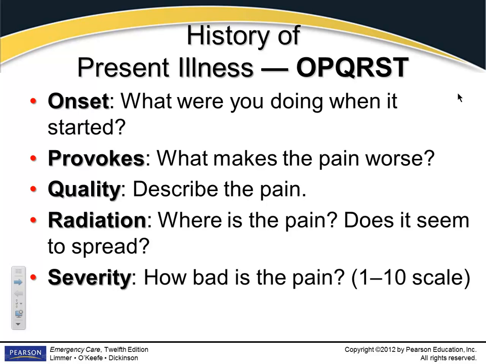What we're looking for here with this 1 to 10, just like we do with our vital signs, we're looking to see if there are any changes. We're looking for trends. So if initially they tell you that their pain is 7 out of 10, and then 15 minutes later they say it's 3 out of 10, have they gotten better or worse? Yeah, they've gotten better. So it's going to vary patient to patient.